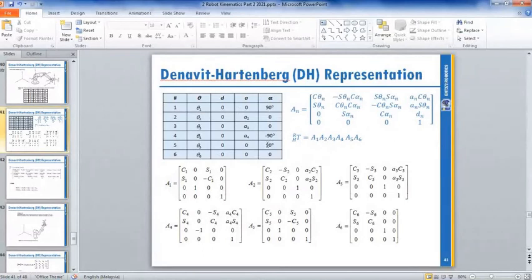Where did 90 and negative 90 go? Because when you do cos or sine of 90, it becomes 0 or 1. That's why you don't see the 90 degrees here, because it already changed to 0 or 1.